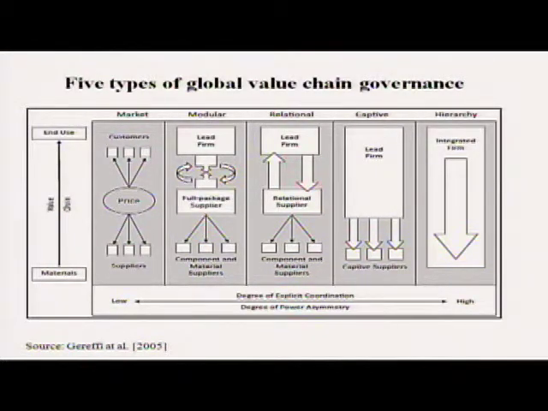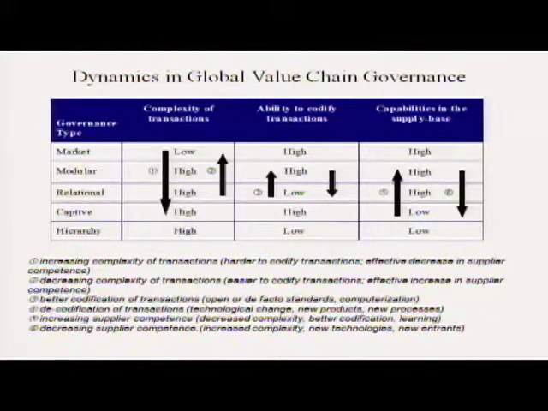What's interesting about this is we didn't want it to be just a descriptive typology. Yesterday, Michael mentioned that there were 3 key variables we used: complexity of transactions or transaction costs, codifiability, and capabilities in the supply base. When we wrote the theoretical article in 2005, with Tim Sturgeon and John Humphrey, we wanted it to be useful descriptively, but even more useful predictively. Those 3 variables can and do change a lot in the real world.